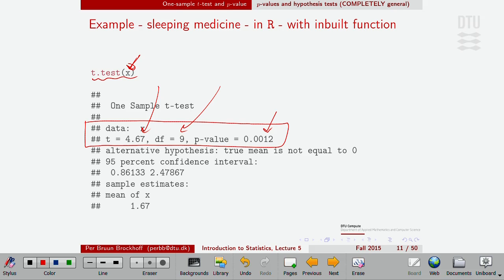R made two default choices for me here. It chose the alpha for the confidence interval, and it also chose the alternative hypothesis for me, right? And it actually told me what it chose. Nice of R. It made a two-sided choice, and it decided to compare with 0, even though I didn't tell it anything. That's the default choice by R.